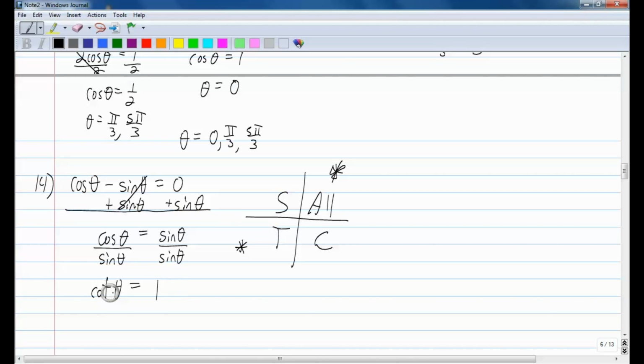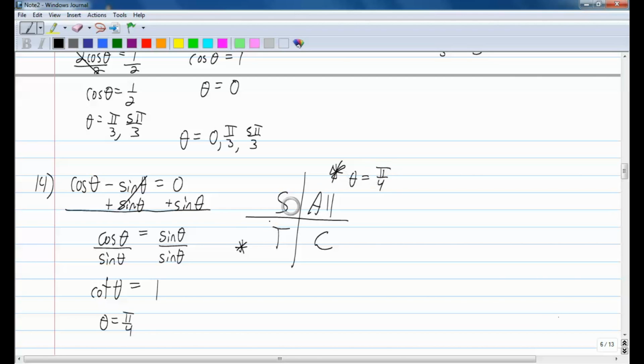So you can think about this like tangent of theta equals 1 as well. It's the same answers. So what angle measure in the first quadrant, when you take the tangent or the cotangent of, do you get 1? Pi over 4. So that's one of our answers.